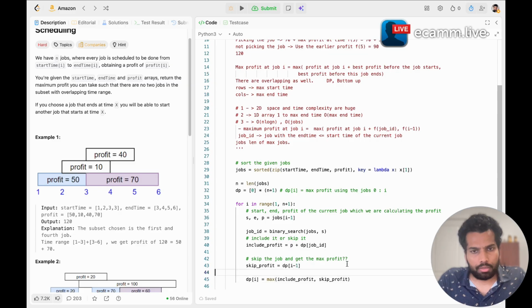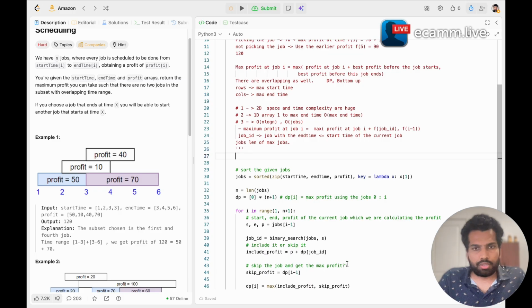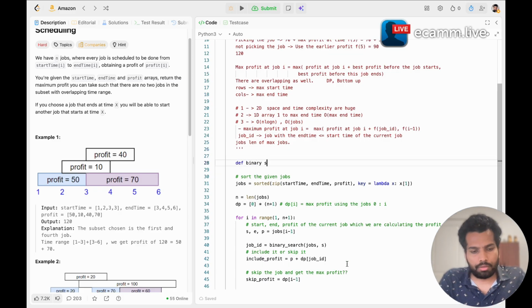And we would also need to implement the binary search here.